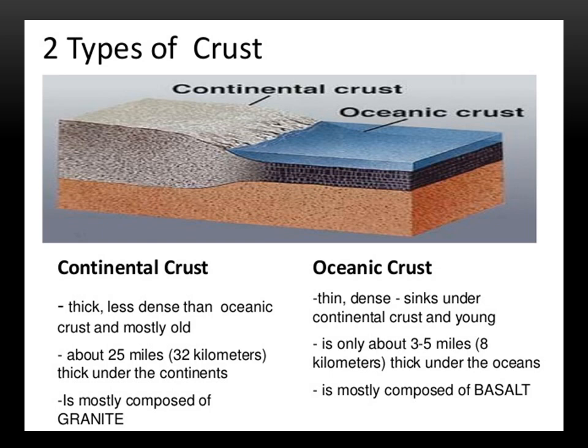The oceanic plates are the land area beneath the sea. They are thin, dense, young, and sink under the continental crust. They are made up of rocks that are not too old, but the continental plates are made up of older rocks.